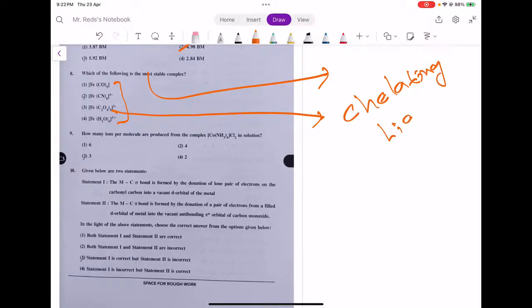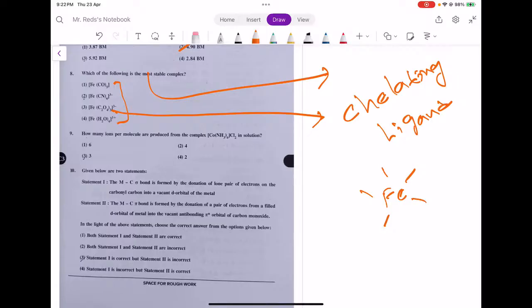The ligand which forms a cycle or ring with the central metal ion or atom. Here iron coordination number is 6. By taking this compound, Fe coordination number is 6.